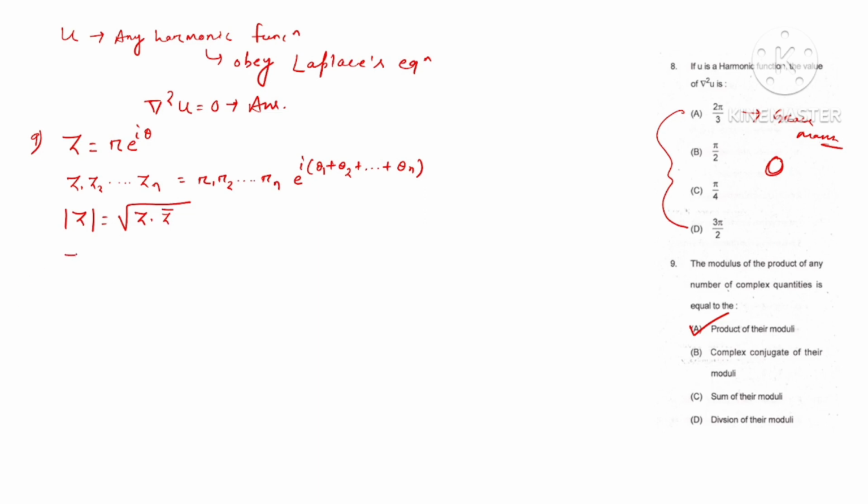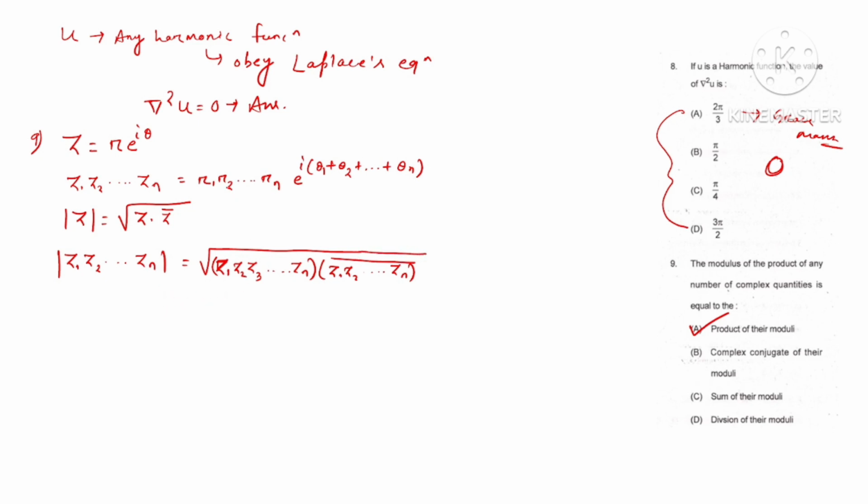If we take this z1, all this product, and take its moduli, then we can write it as the square root of z1, z2, z3, up to zn, and its corresponding complex conjugates, right?